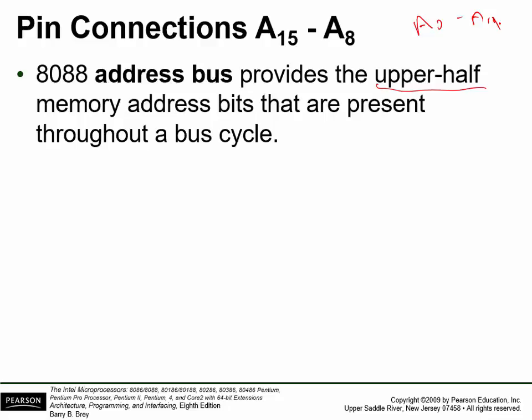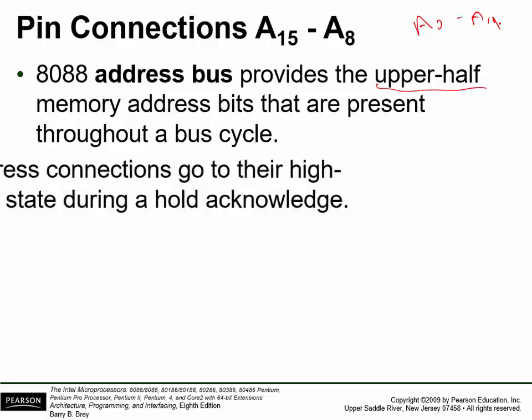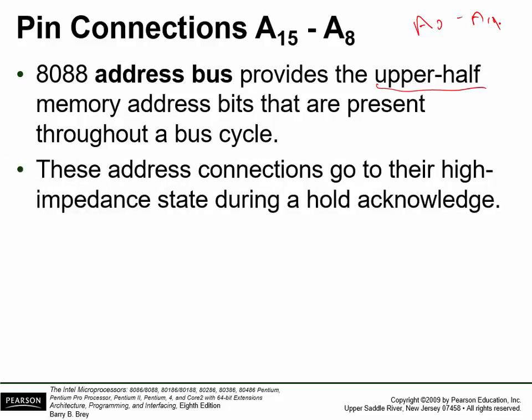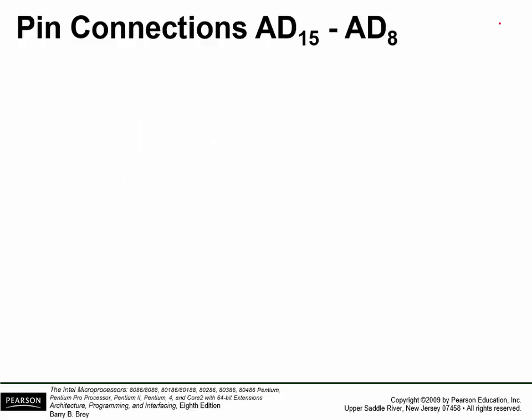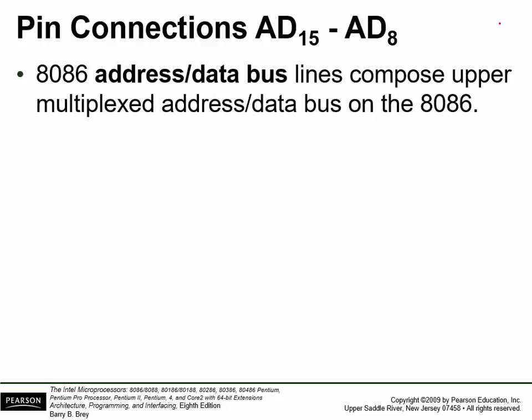But the key thing is that those 8 lines are not multiplexed. They go to a tri-state again, and these are all the multiplexed lines. So AD0 through AD15 are pretty much the same on the 8080 or the 8086.